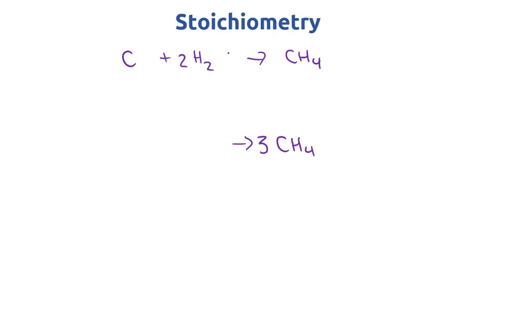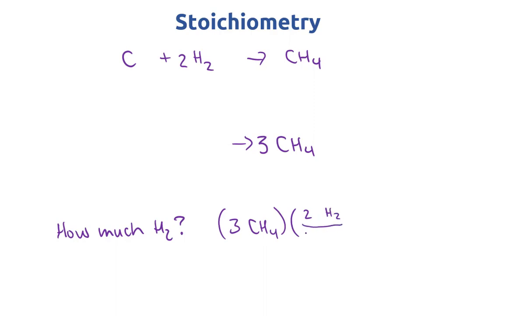So if we have 3 CH4, we know there is a ratio of 2 H2 for every 1 CH4.